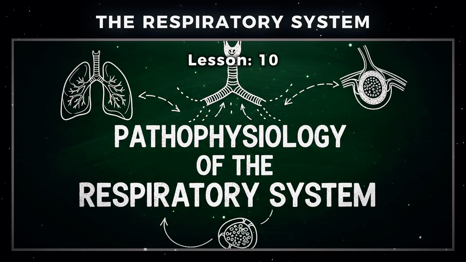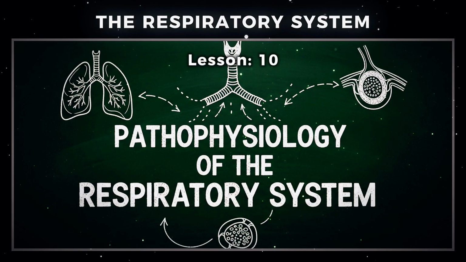In our last session, we looked at the incredible resilience of the lungs, how they adapt to the fire of exercise and the thin air of the mountains. Tonight, we take the final natural step in our learning journey by exploring the pathophysiology of the respiratory system.